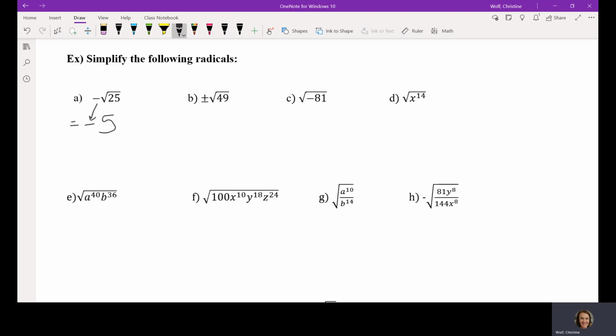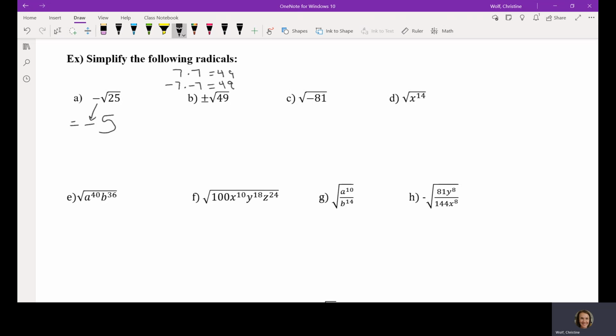Now this one wants you to give both options, the positive and the negative answer. So for example, what's the square root of 49? 7, right? We can go 7 times 7 gives us 49. But guess what? There's another option that can give us 49. We can also go negative 7 times negative 7. That's still a square root.